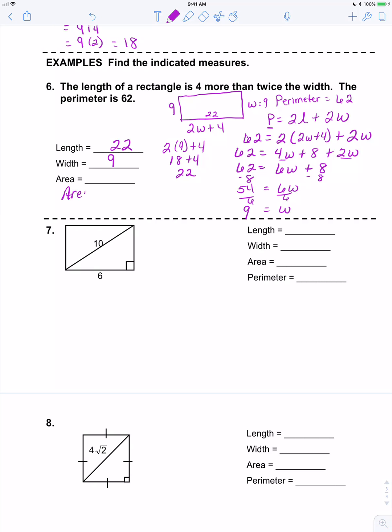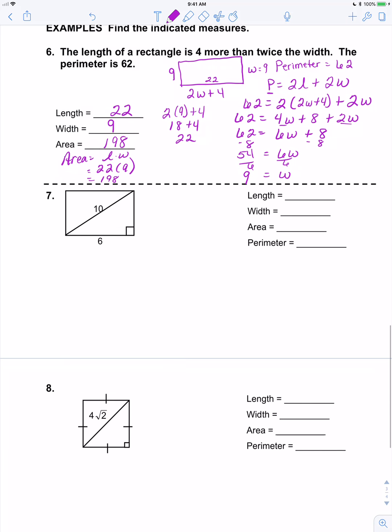Well, remember, area is length times width. So 22 times 9 is 198. Okay, so it's like, again, geometry is just this puzzle you're having to figure out. It's just a lot of fun.